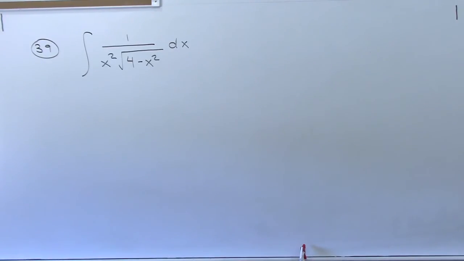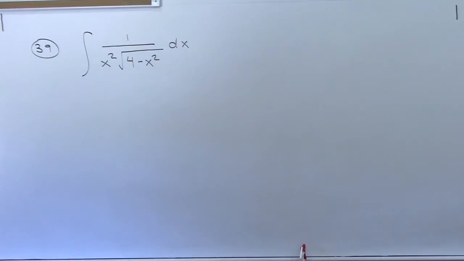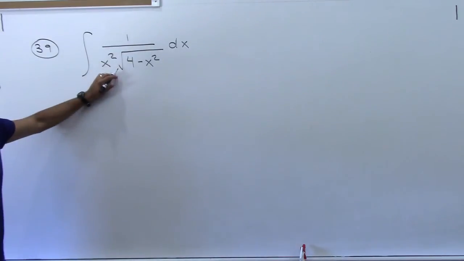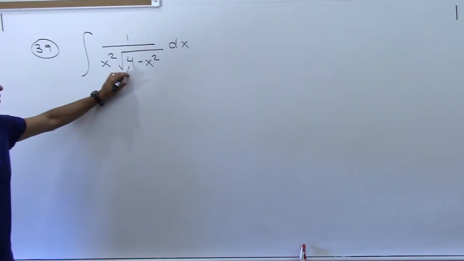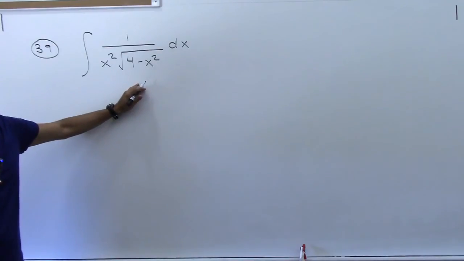So we look at that, and what are you thinking? I mean, it's obvious because we know what section we're in, right? But what are you thinking? See the square root there? You've got a number squared minus your variable squared.